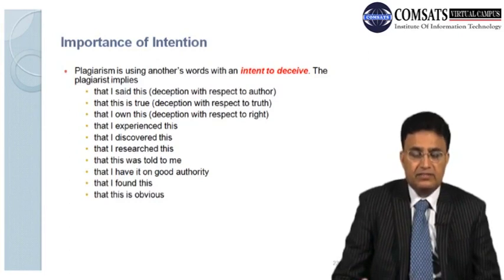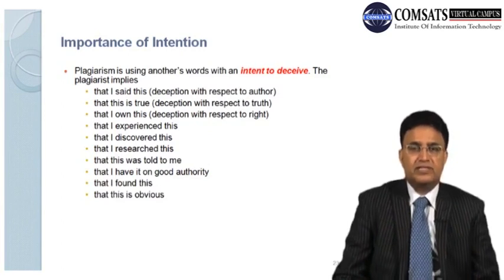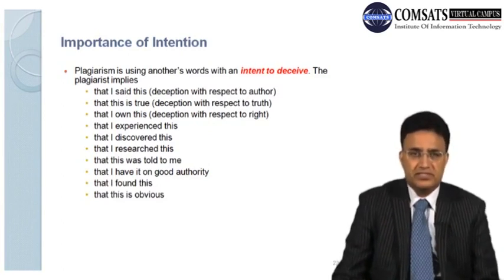That I have it on good authority, that I found this, but he didn't. That this is obvious, and it's not. So there is an importance of intention. What is the intention of a plagiarist to do this? These are the points which a plagiarist might think, and they are all deceptions.